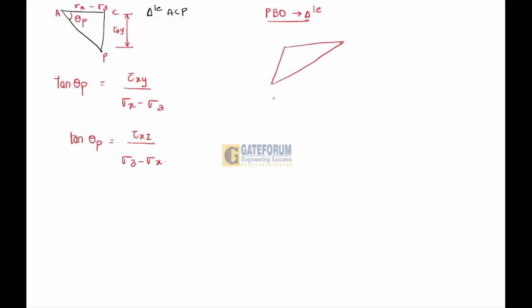This is the triangle P O B. This angle is totally 2 times theta P. This is 90 minus theta P. This is also 90 minus theta P. This is R. This is the triangle PBO.